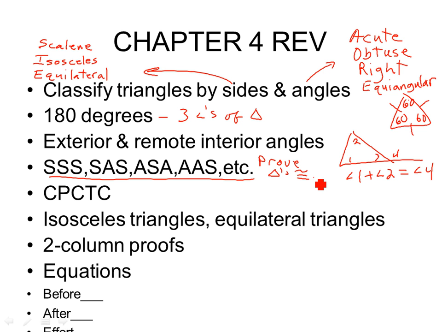What else could you use? The right triangle ones, HL, LL, stuff like that. I didn't put it on there because I really don't want to confuse you. Anything on the test, you should be able to prove the triangles congruent by one of those four things. Maybe you could use HL, but you don't have to.